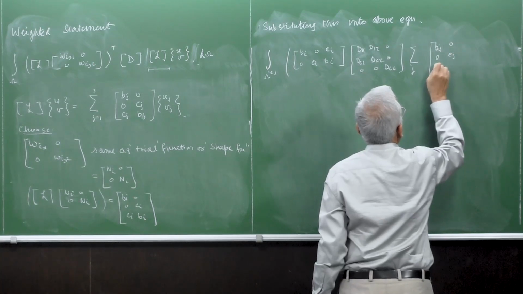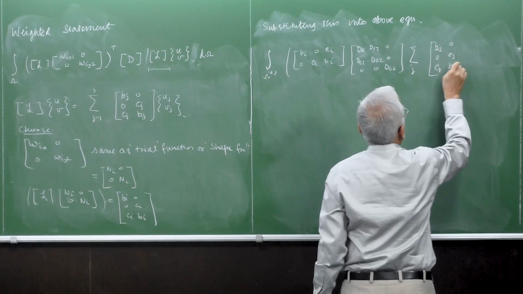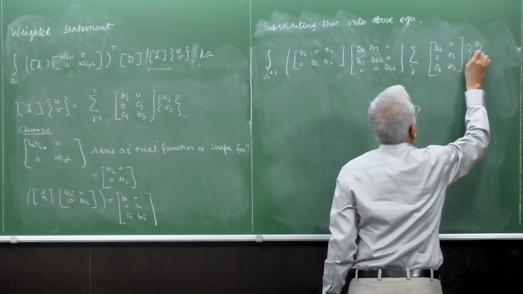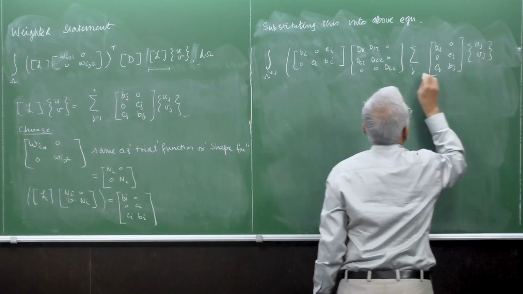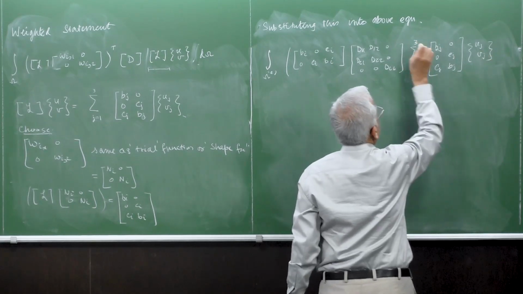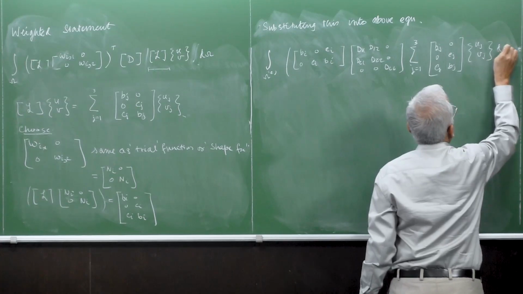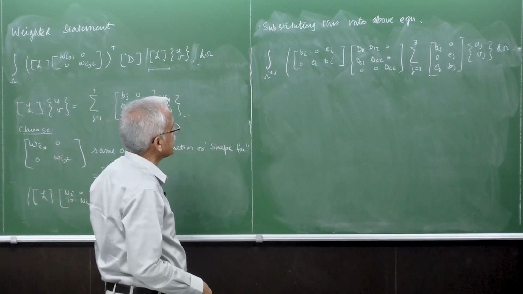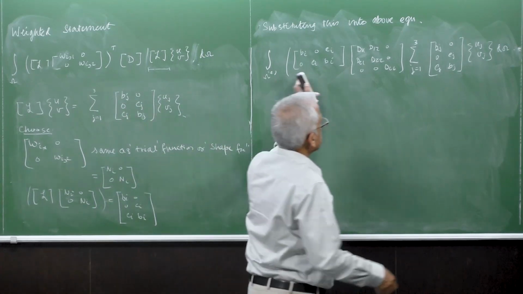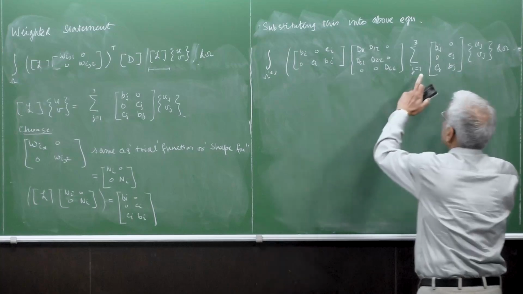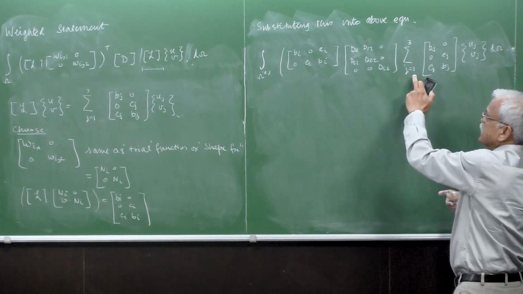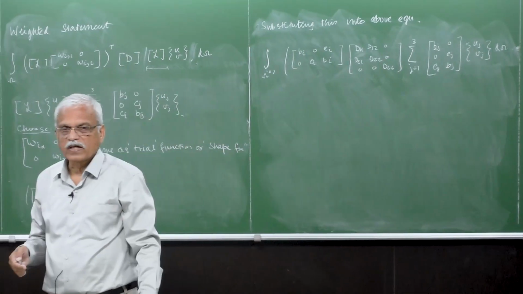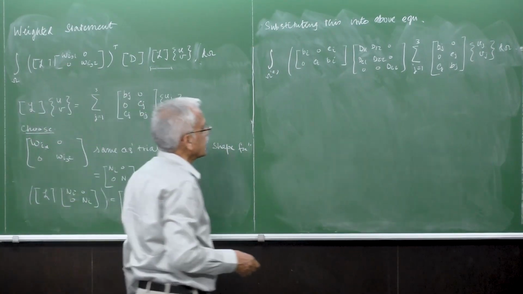So I have to write it as a summation here, over j. So j goes over the 3 nodes i, j, k, right?